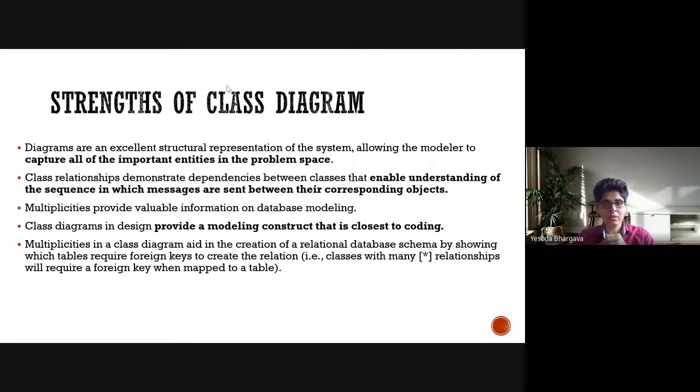And fourthly, class diagrams, because we are literally identifying the attributes and methods, so it is a bit closer to coding than the use case diagrams, or even the DFDs or context diagrams that you have sort of been familiar with. And multiplicities in class diagram aid in creation of sometimes RDBMS by showing which table requires foreign keys.